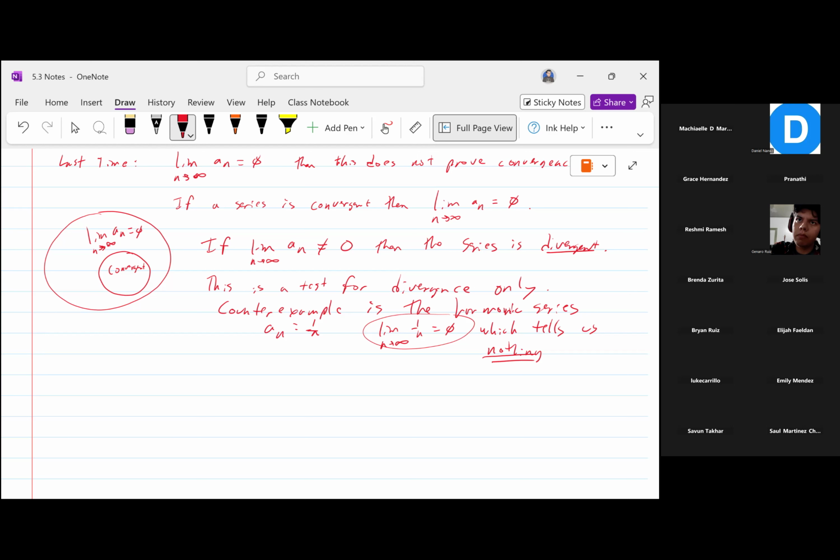So if the terms do not go to 0, this is also called the nth term test. This is the divergence or nth term test.